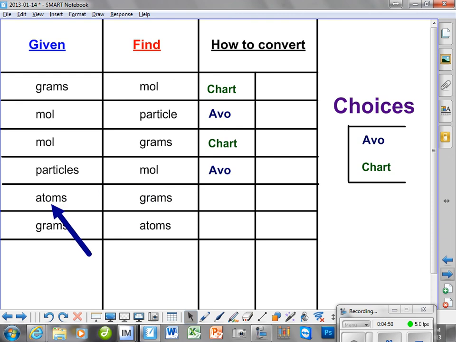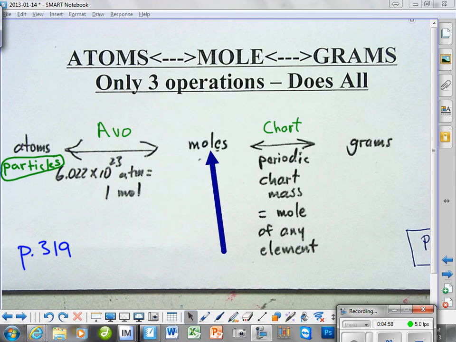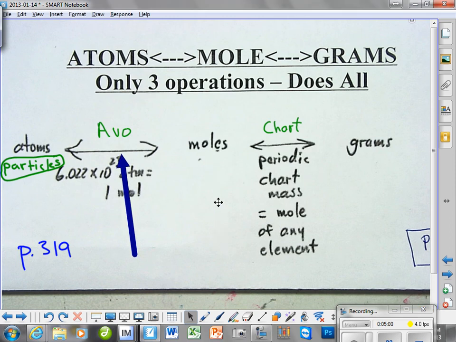Now, let's try this guy. You're going to see this is going to be a little different. Atoms to grams. See, there's only two kinds of these kind of problems. So we go back here and we see that atoms are over here and grams are over here. Oh, that means we're going to need both the chart and AVO.